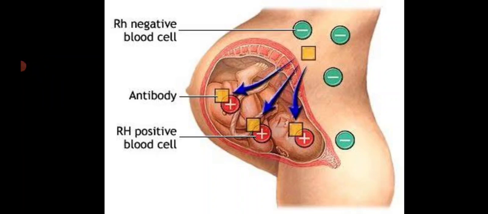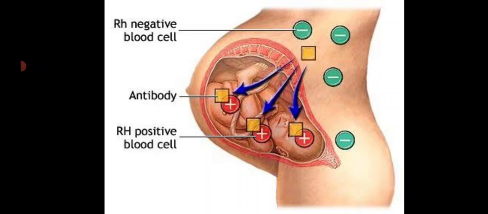We have seen that if the person's RBC contains D antigen, he is called an Rh positive person, and if the person's RBC does not contain D antigen, he is an Rh negative person. This is what we saw in the last class. We also discussed that there are no naturally occurring anti-D antibodies against the Rh antigen.